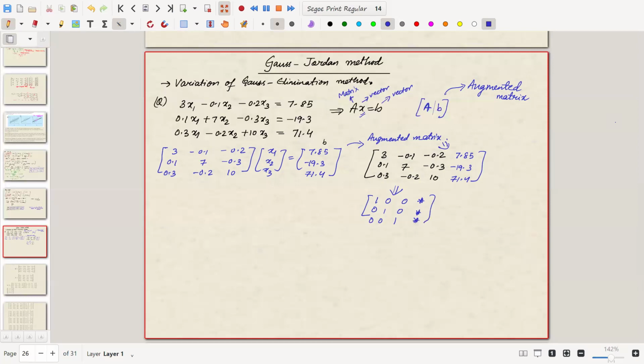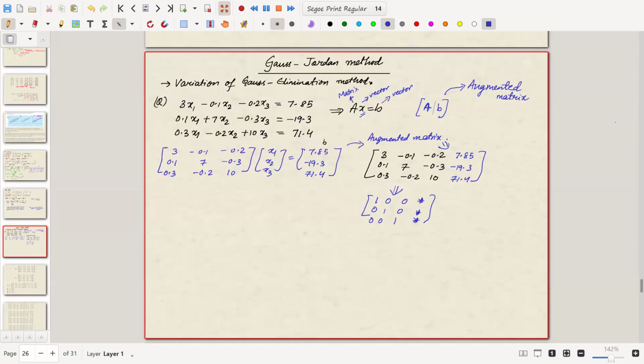Use linear combinations of row operations in such a way that you convert this A matrix, which is in black, to this identity matrix: 1 0 0, 0 1 0, 0 0 1, all ones in the diagonal, 0 elsewhere.